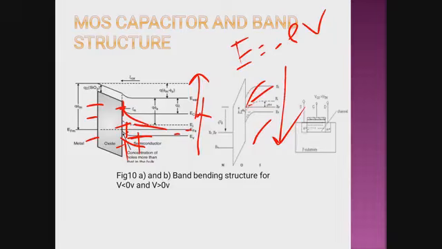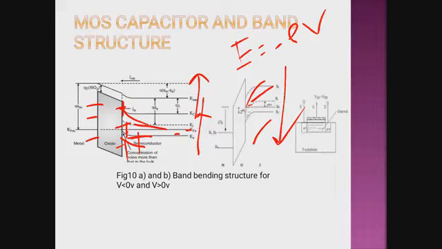Hence the Fermi level of the semiconductor is moving away, and the material is getting less positive charge, and correspondingly less negative charge across the semiconductor and metal.